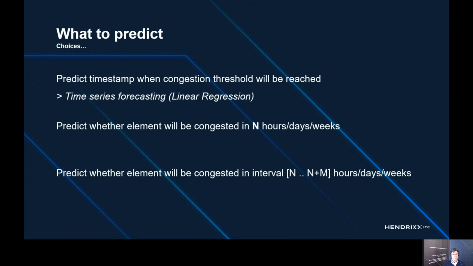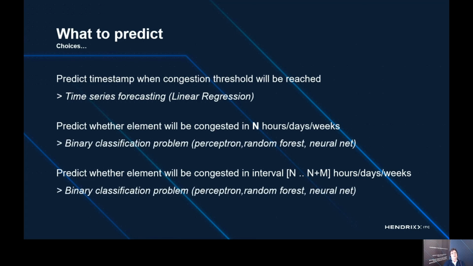You can do this with linear regression techniques, and then you can forecast a specific timestamp when the congestion will take place. The other two questions are more like a binary classification problem. Binary, since you are predicting yes congestion or no congestion. And then you can use other techniques like the perceptron or random forest, neural net models, etc.